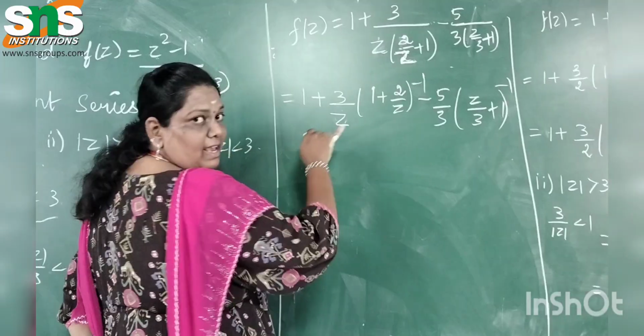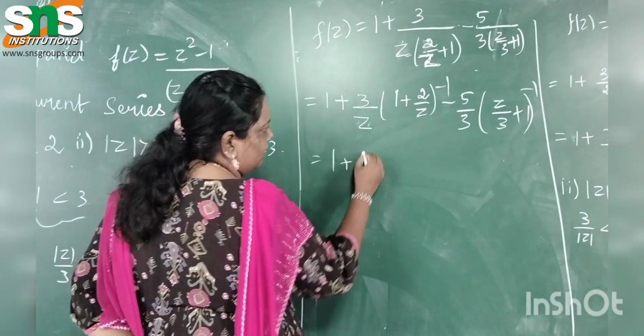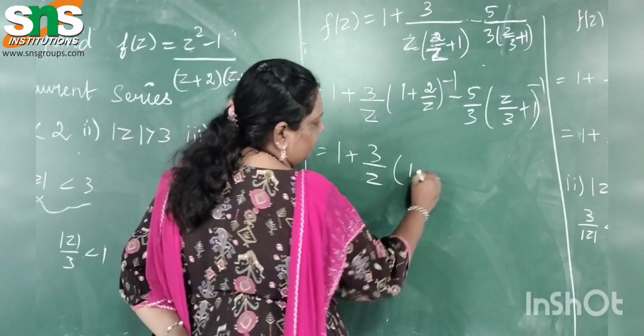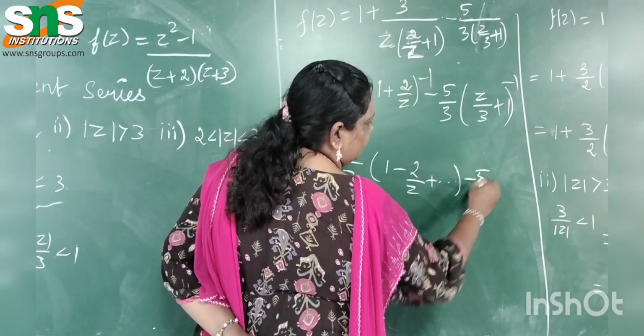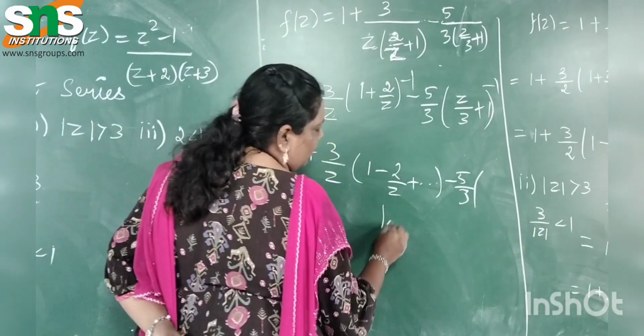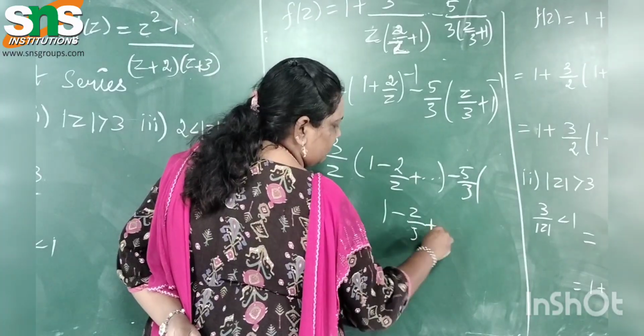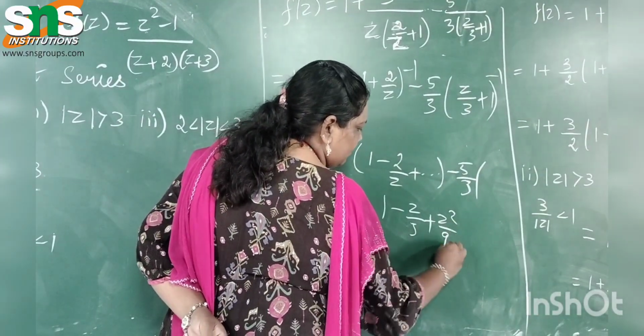Now we are going to expand this function. So we will get 1, 3 by z, 1 minus 2 by z plus up to etc., minus 5 divided by 3 into 1 minus z by 3 plus z squared by 9 plus up to etc.